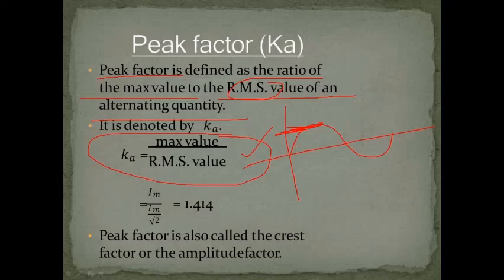So now I am considering a fundamental AC signal. Im upon the RMS value we derived in the previous slide, Im upon root 2. On simplifying this, we will get 1.414. Peak factor is also called crest factor or amplitude factor.